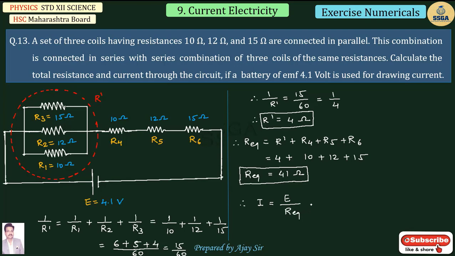This is 4.1 volt divided by 41. 41 tens are 41, so 1 divided by 10, it is 0.1. Therefore the current through the given circuit is 0.1 ampere. This is the answer.